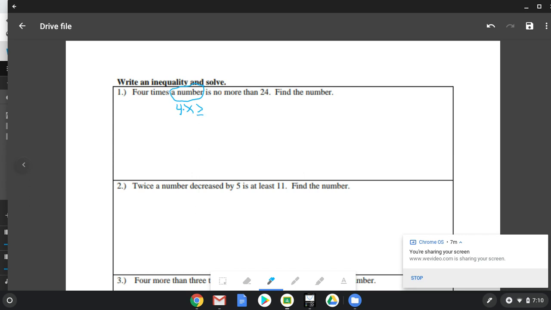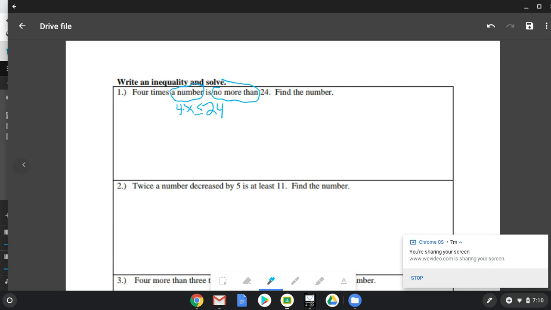Oh, I'm sorry, I did that backwards. No more than is where we do the opposite of the more than sign, and then we'd have an equal to sign. Because of the word more than, we always do opposite, and the keyword no in front means that we have an equal to, and then it's 24.